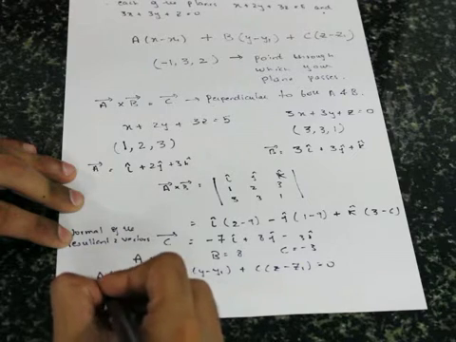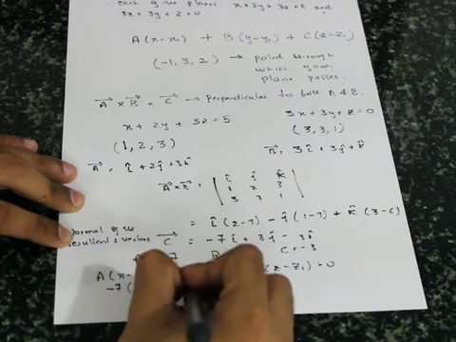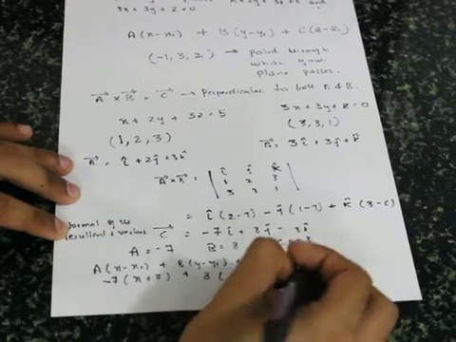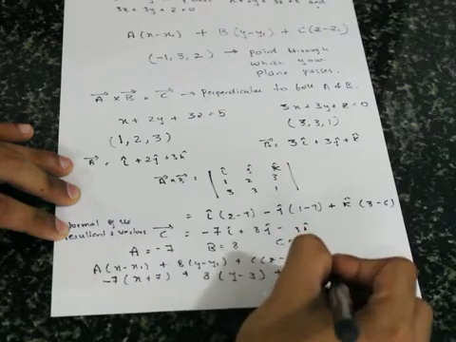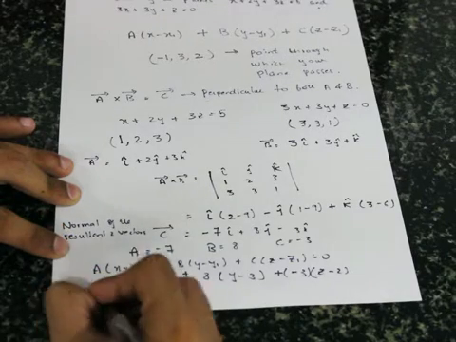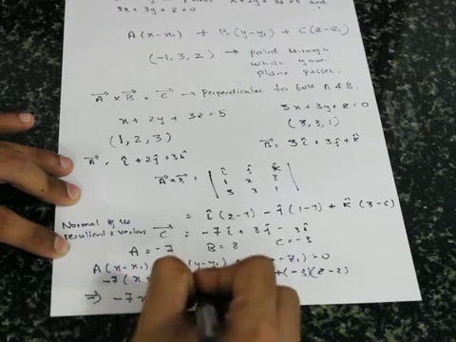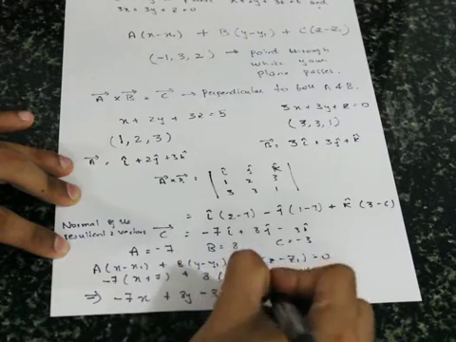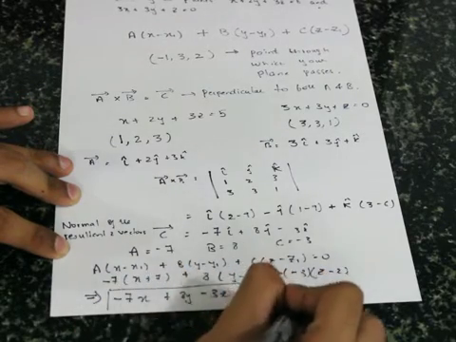We will get -7 times (x + 1) plus 8 times (y - 3) plus -3 times (z - 2). So this is nothing but -7x + 8y - 3z - 67 = 0. So this is our final equation.